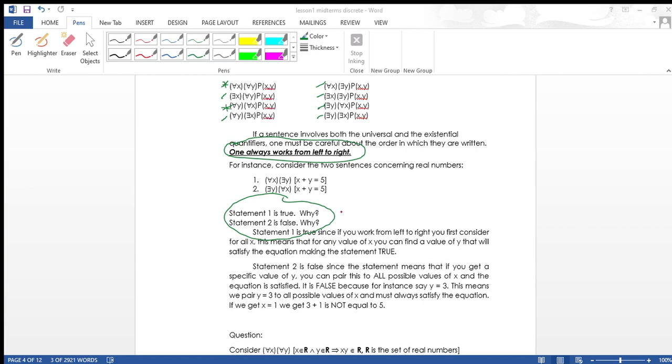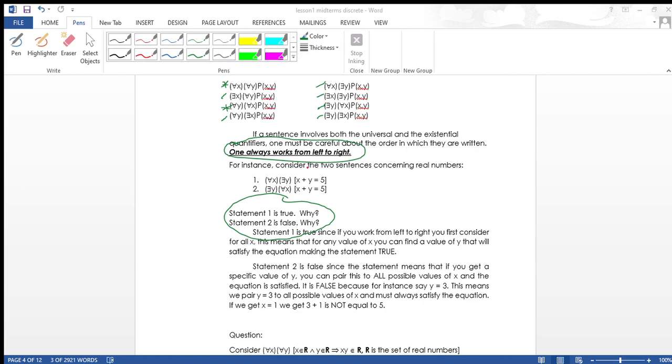Now, according to these quantifiers given, for all x, there exists a y such that it must satisfy this condition.